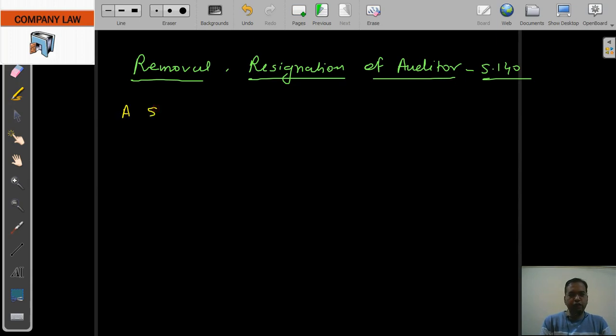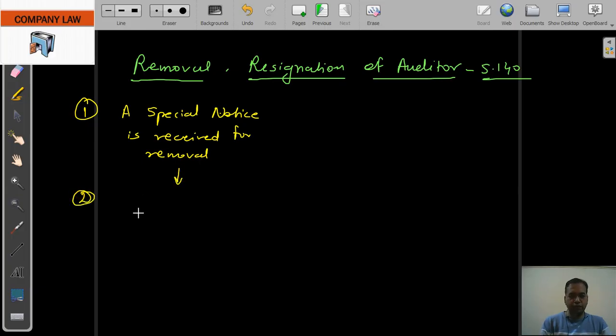Step number 1 for removal: a special notice is received. Step number 2: a board meeting will be held, with a board resolution for removal.